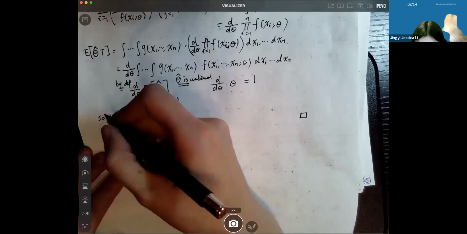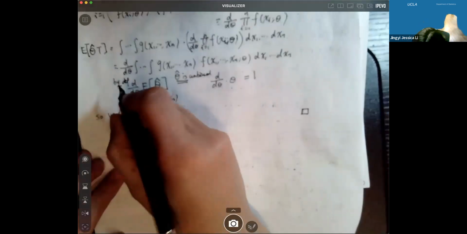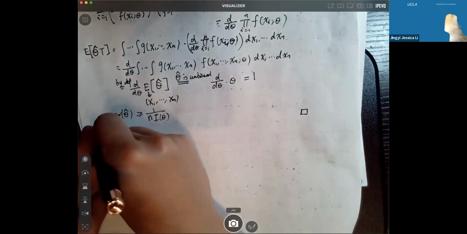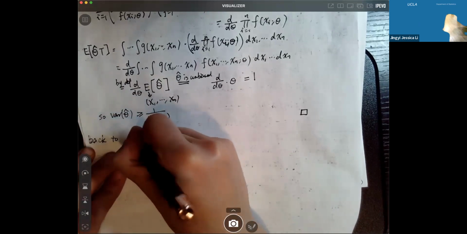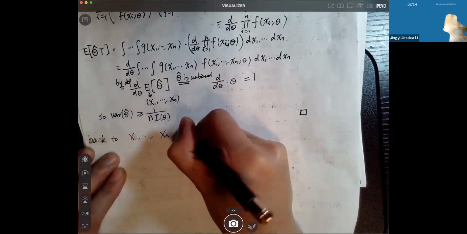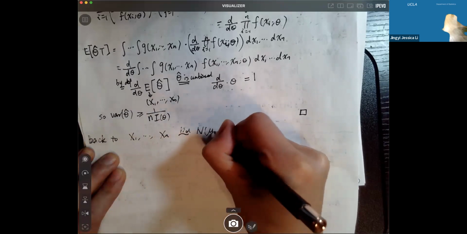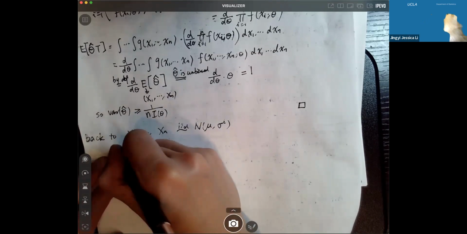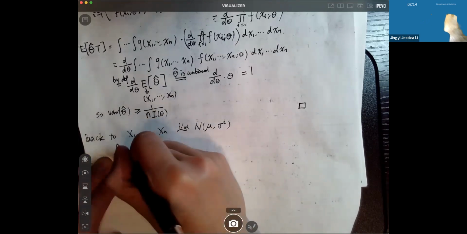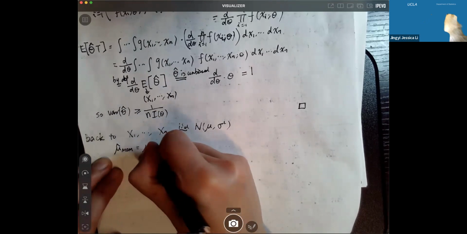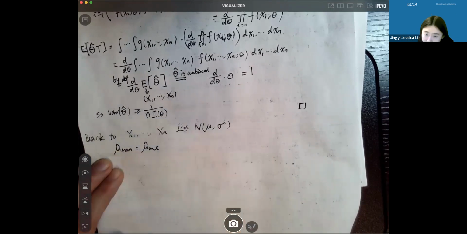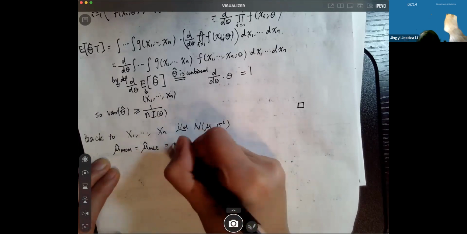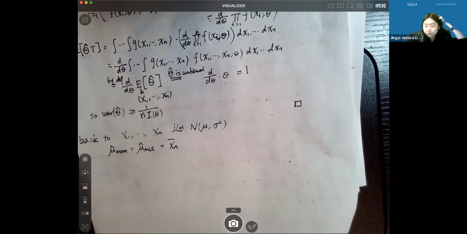Now let's check back to the example: X1 to Xn are IID from a normal distribution with mean mu and variance sigma squared. If we want to estimate this mu, call it mu hat, it doesn't matter if we use MOM or MLE, the estimator is just X bar, the average of X1 to Xn.